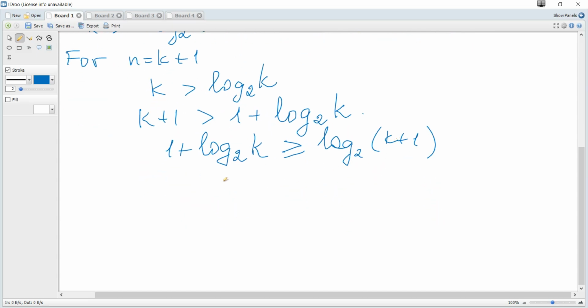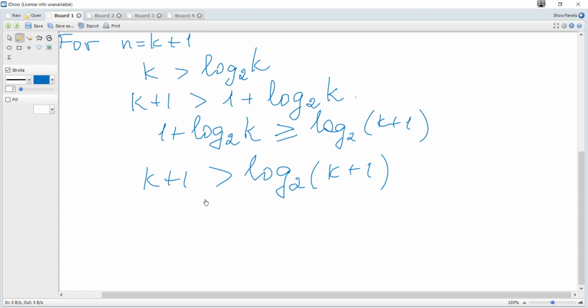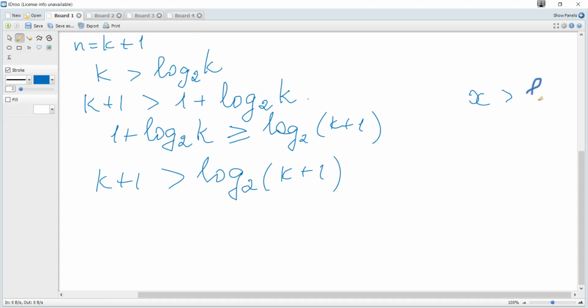Then we can conclude that k plus 1 is greater than log to the base 2 of k plus 1. Something is greater than something, but this something is greater than this log, so definitely this is greater than this log. It's like x is greater than b, and b is greater than or equal to 5, so we can conclude that x is greater than 5.